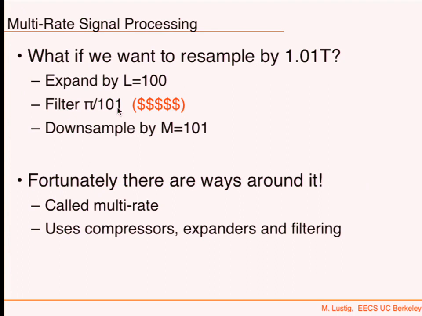It's really expensive. And then, after you did all of that, you're going to throw most of it away. Why spend all this time computing stuff that we don't need? Because I'm going to downsample by 101. So I'm going to take every 101st sample. The rest, don't care.